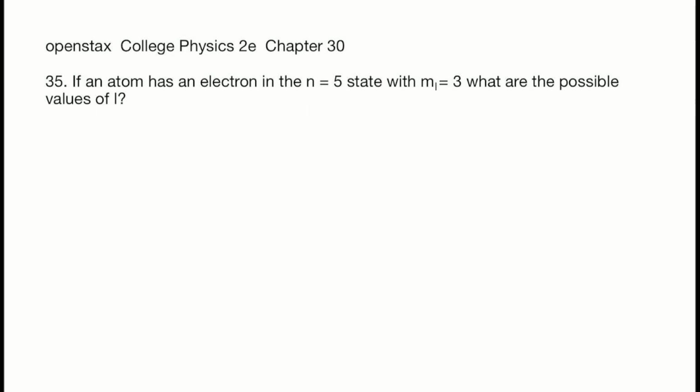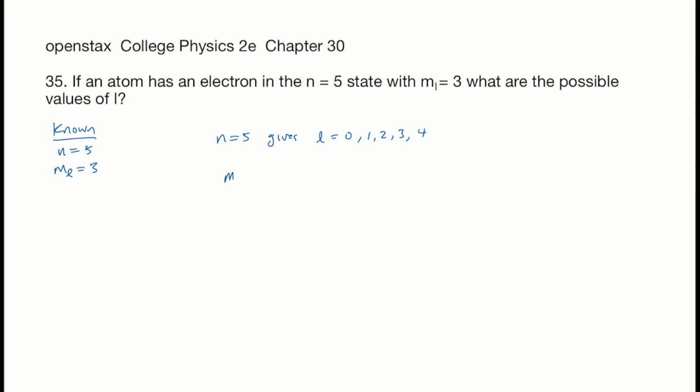Okay, so what is known? We know that n is equal to 5 and that m sub L is equal to 3. Well, if n is 5, this gives all the possible values of L of 0, 1, 2, 3, and 4.